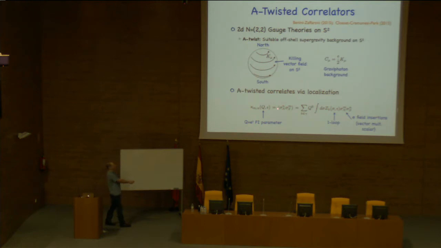So we have insertions of the sigma field, which is the lowest component of the twisted multiplet, at the north pole and the south pole of this two-sphere. These correlators can then be computed explicitly as a certain sum over vortex factors, with contributions from one-loop determinants that you have to compute in this localization recipe.